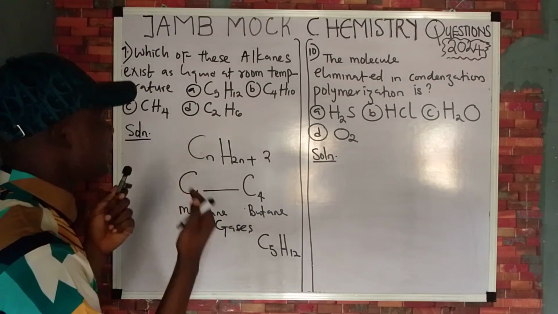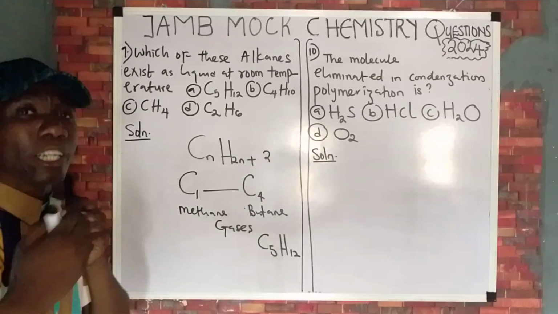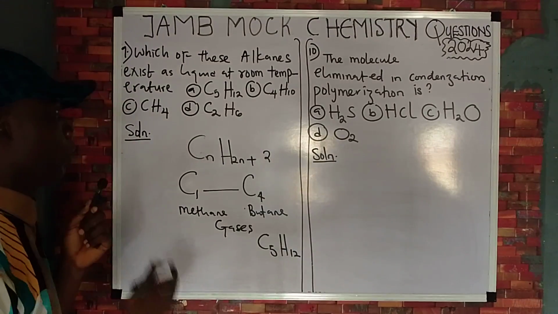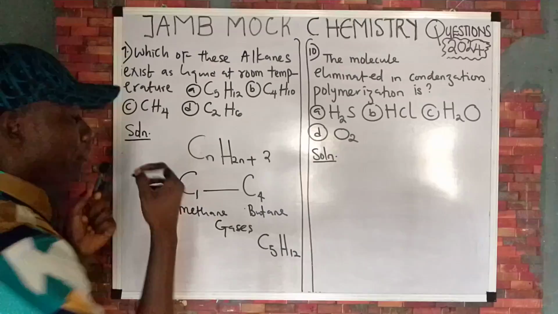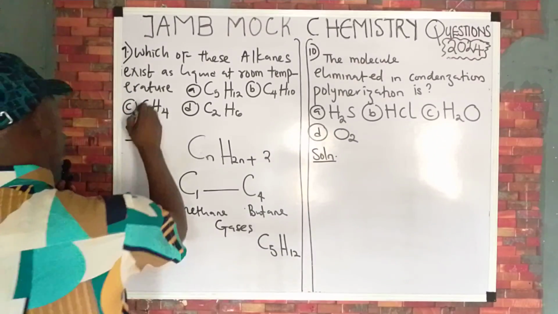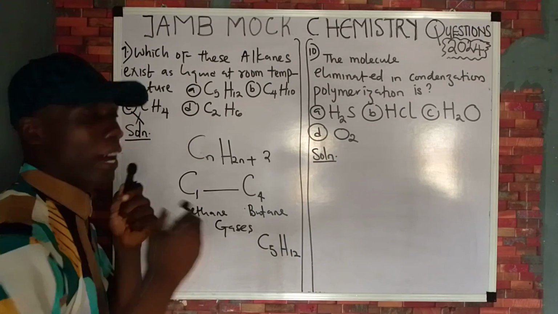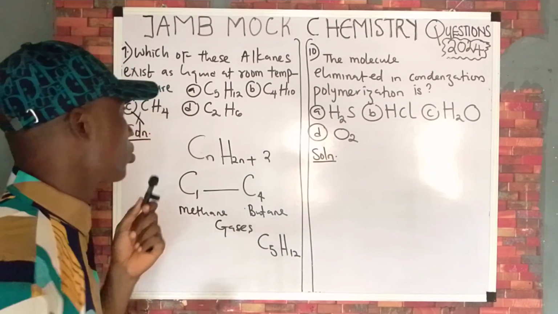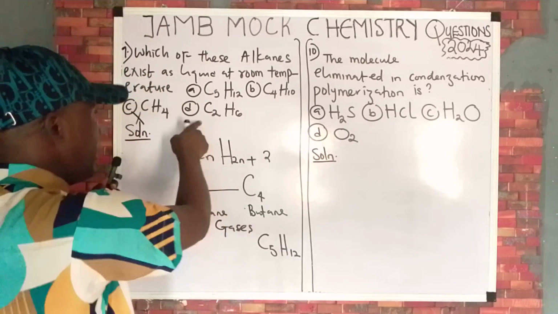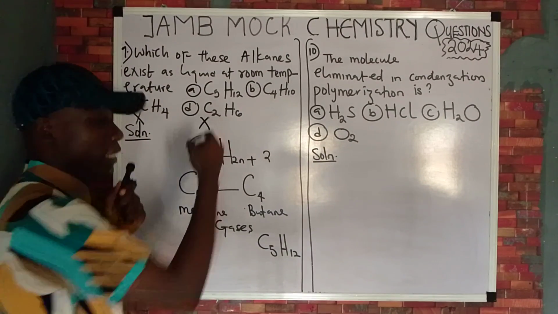You say, which of these alkanes exists as a liquid at room temperature? Remember, I told you that the first member of alkane is a gas, which is methane, so that cannot be the answer. The second member of alkane is also a gas and is called the lightest fuel, ethane. That cannot be the answer.